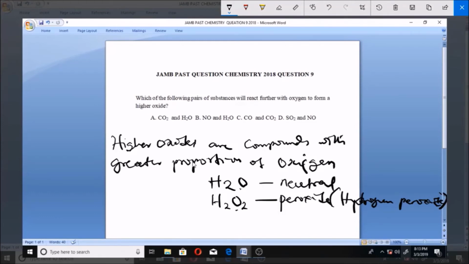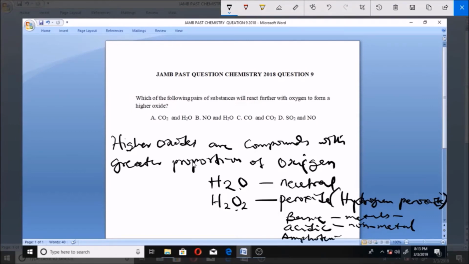You should know that we have neutral oxide, higher oxide, basic oxide, and acidic oxide. The acidic ones are from non-metals, the basic ones are from metals. The acidic oxides form acidic solutions, and the basic oxides form basic solutions. There are also what we call amphoteric oxides.